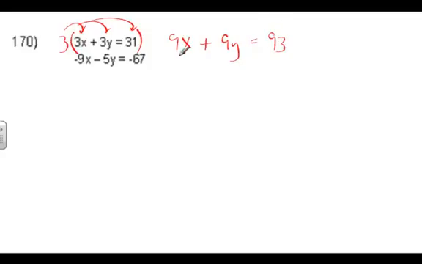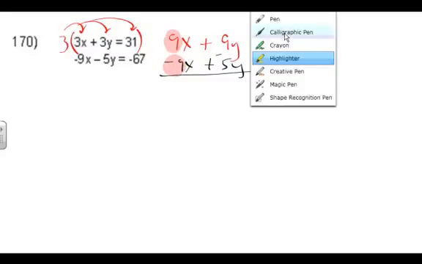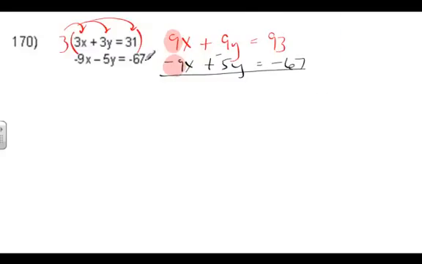And my original equation here is negative 9x, okay, minus 5y equals negative 67. So I'll do my same change switch. Okay, what do I have to do then? I want to get rid of these, 9 and negative 9. What's the method again? Add. You just add. Yep, you got it.